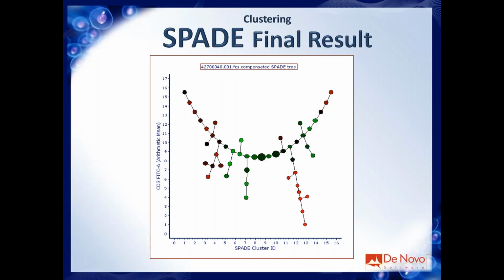So it's true, those nodes are CD3 positive, but they are in a different position of the tree because they are definitely different with regard to other markers. For example, one can be CD4 positive, another can be CD8 positive, another can be double negative or double positive, and so on.